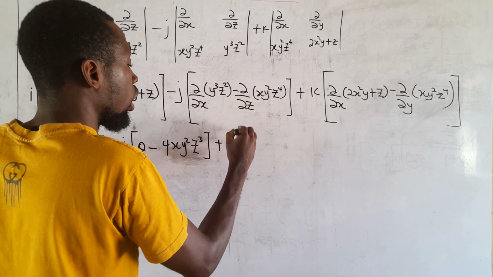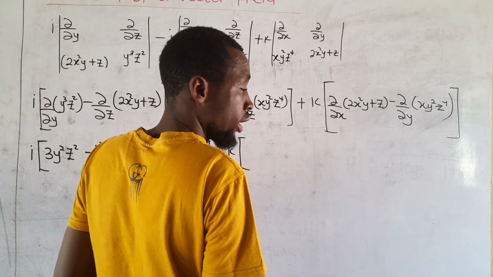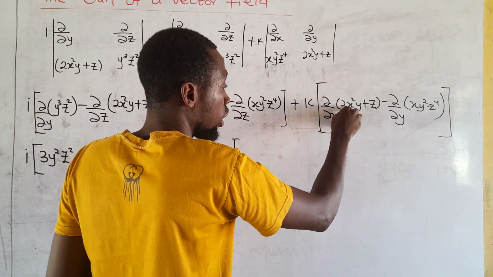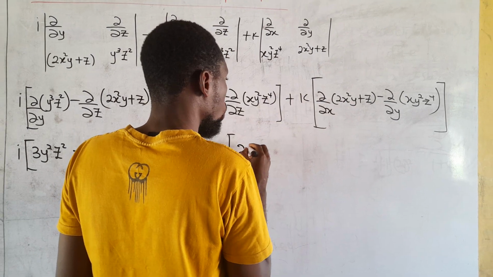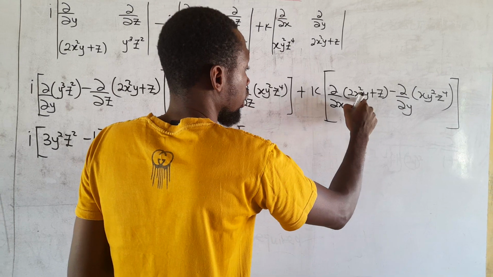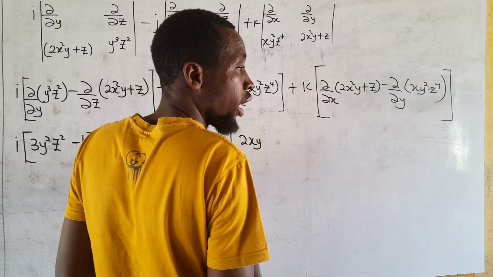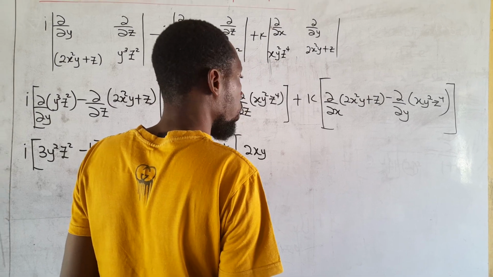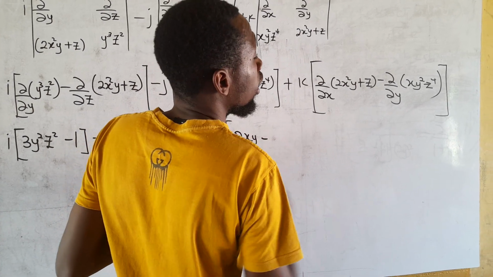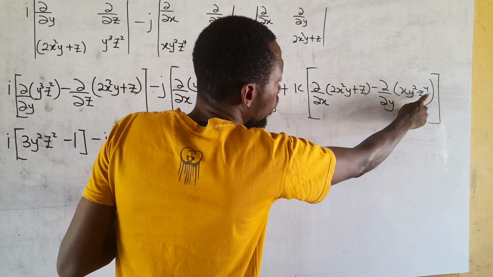Then plus k. The partial differentiation of this function with respect to x: when we differentiate this, we'll get 2x, then y, that's y held constant. Plus the differential of that; since there is no x, that is constant, it becomes 0. Then minus the partial differentiation of this function with respect to y, with x and z held constant.